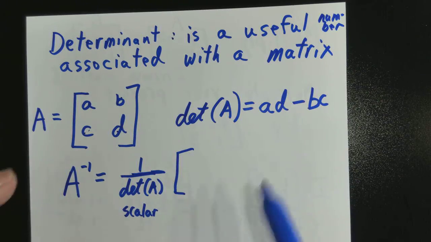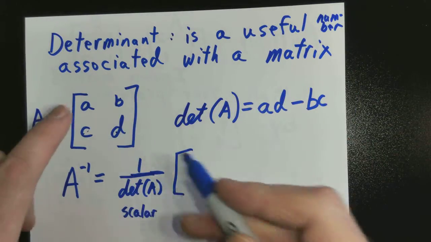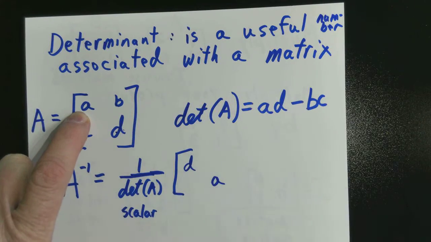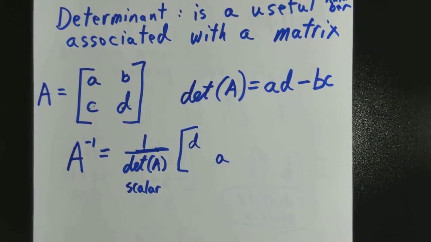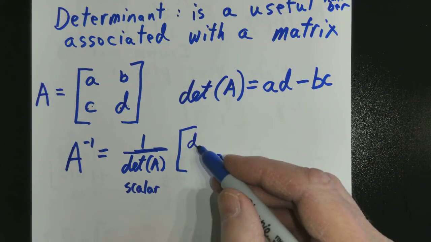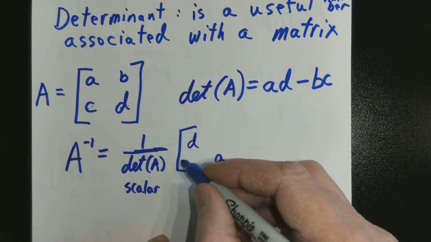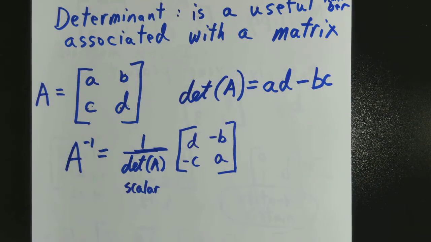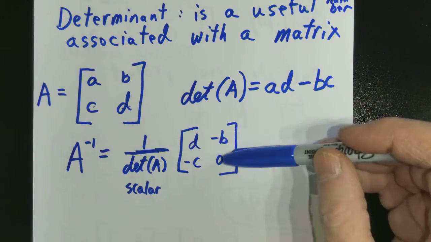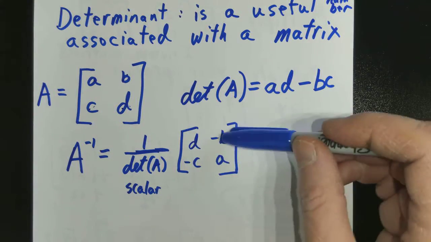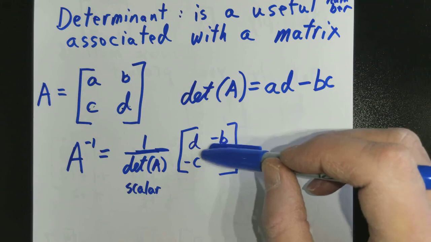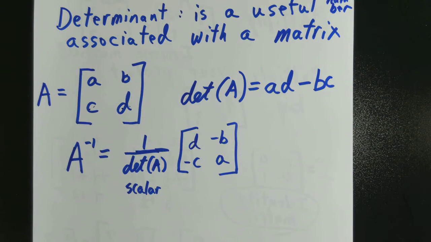But what I need you to do for our inverse matrix is flip the A and the D to D and A, okay? Flip the A and D. And don't flip C and B, but make them the opposites of what they were. So this diagonal, we switch positions. These two, we switch signs. We do not switch their spots, though. Everybody good with that?